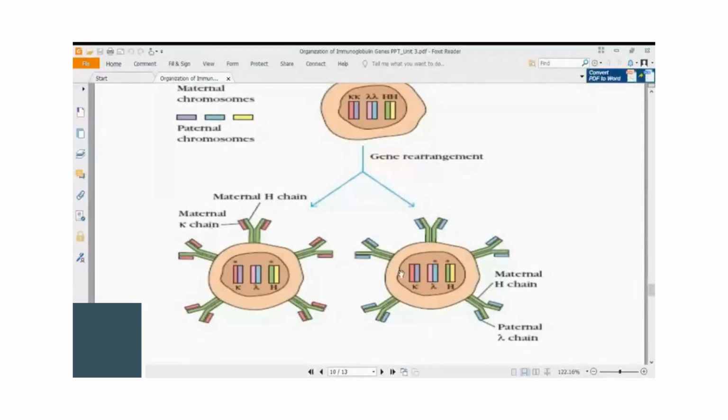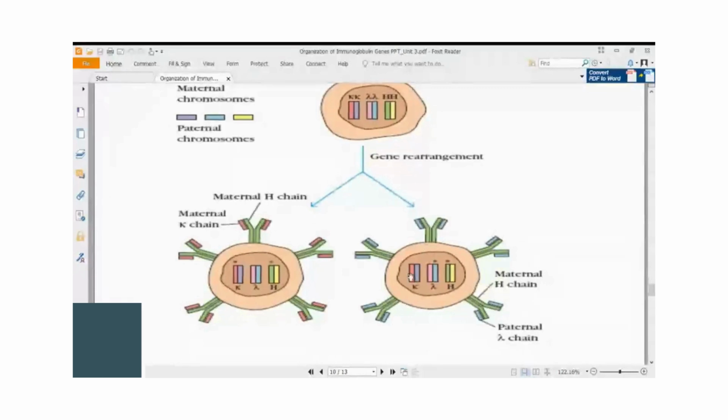Now, these B lymphocytes have to show interaction with the antigen. In that case, what has happened now? Among the pair of genes, only one gene is chosen. One lambda gene is chosen here, and one heavy chain gene from chromosome number 14 is chosen. So the heavy chain gene of chromosome number 14, that is the paternal gene, is silenced. Here, the paternal lambda gene is chosen, and the maternal gene is silenced in this B lymphocyte.